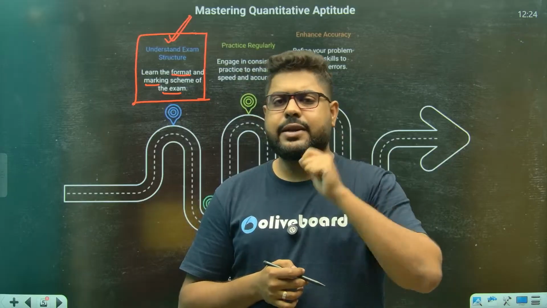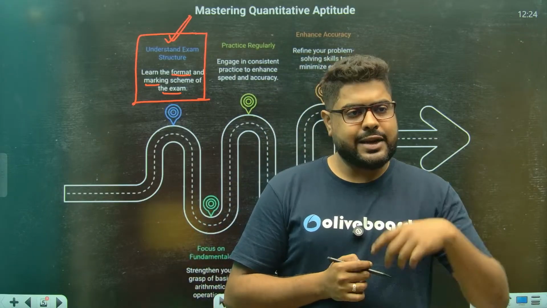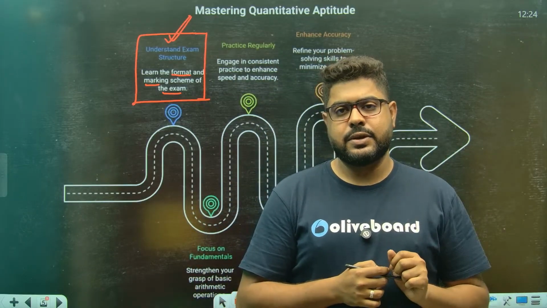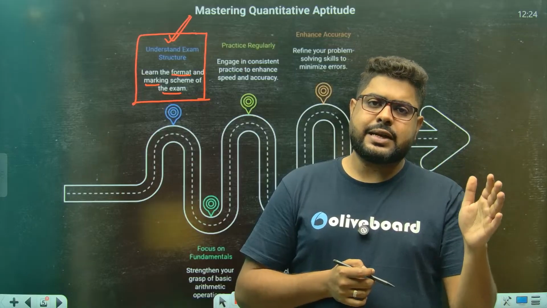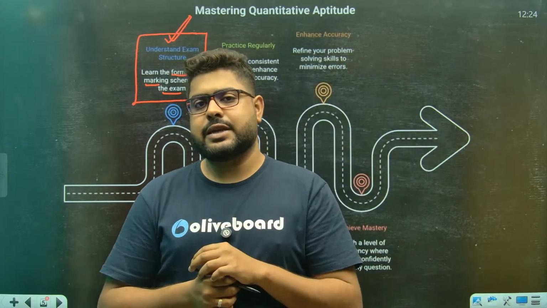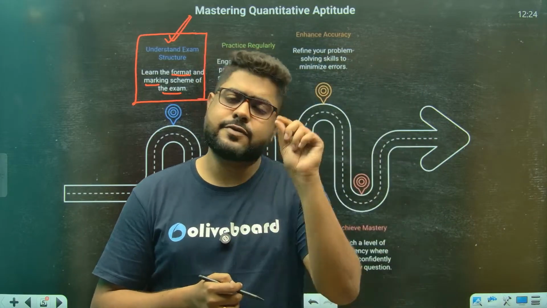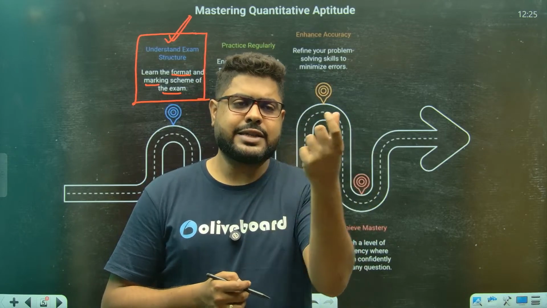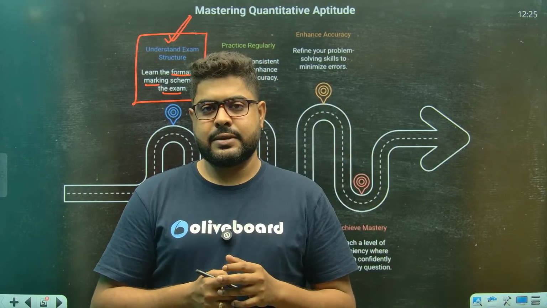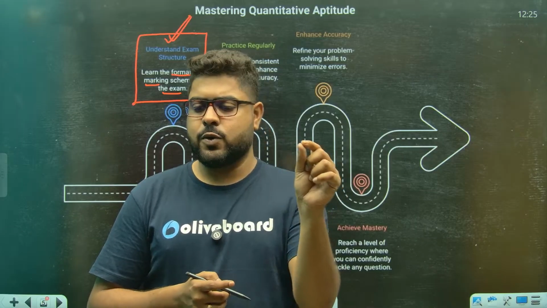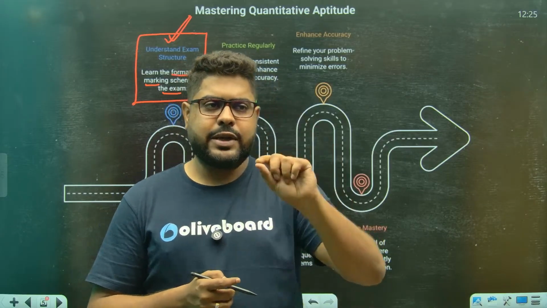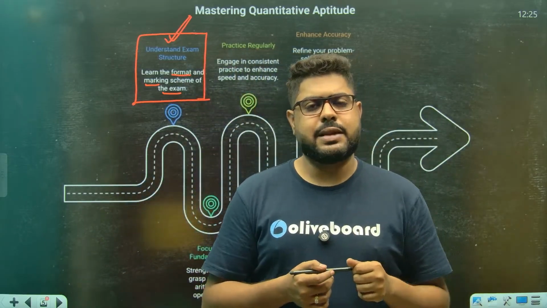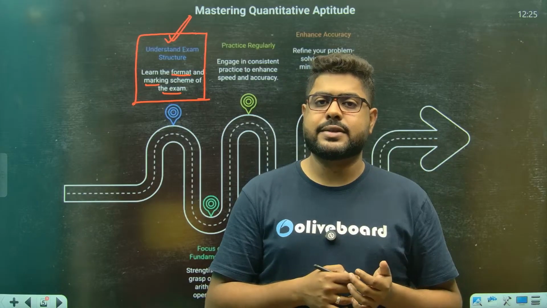There is a chapter profit loss, or there is a chapter mixed allegation. Different exams ask you different questions from the same chapter. Let's say if you take a chapter time, speed, and distance, SSC will ask you, or IB will ask you a different type of question from this particular chapter, time, speed, distance.